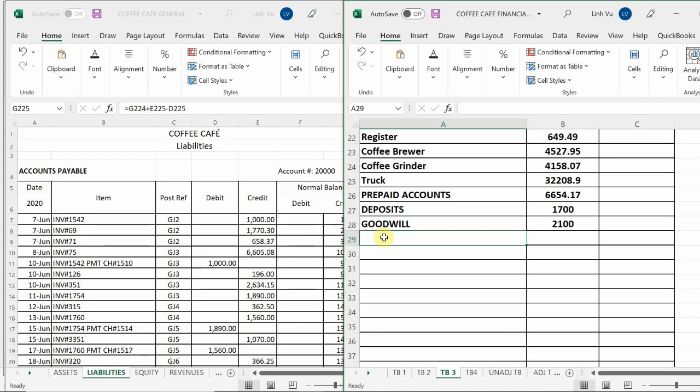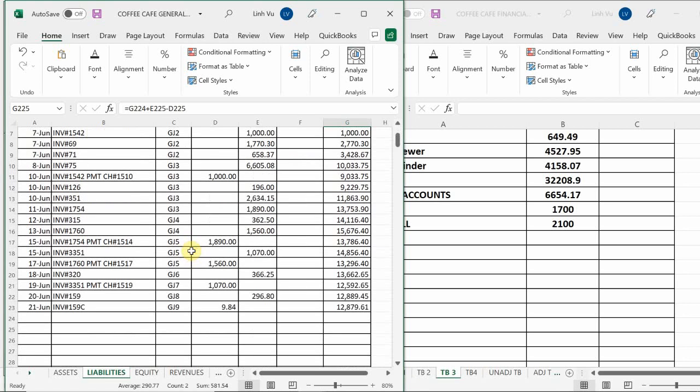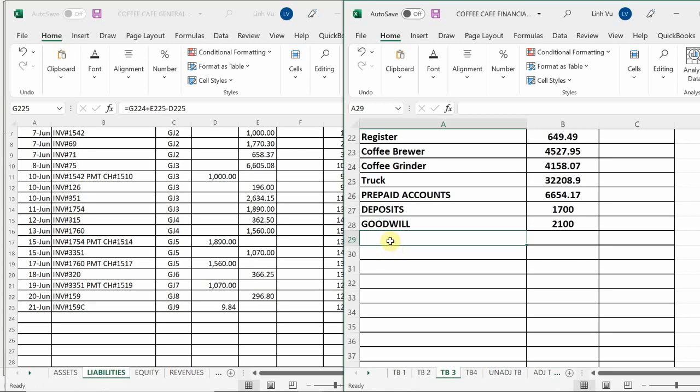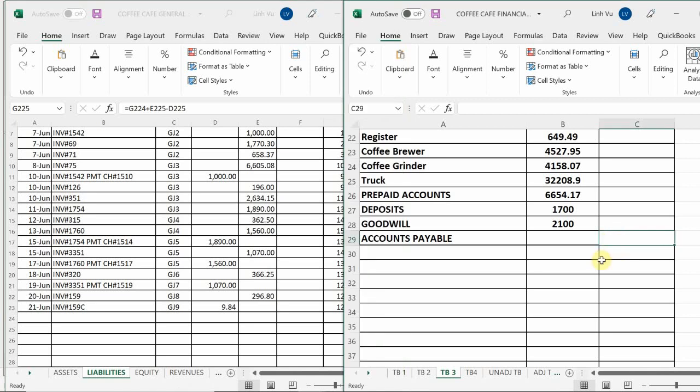We have quite a few liabilities. So starting from the first one, we have accounts payable. For how much? 12,879.61. Okay.